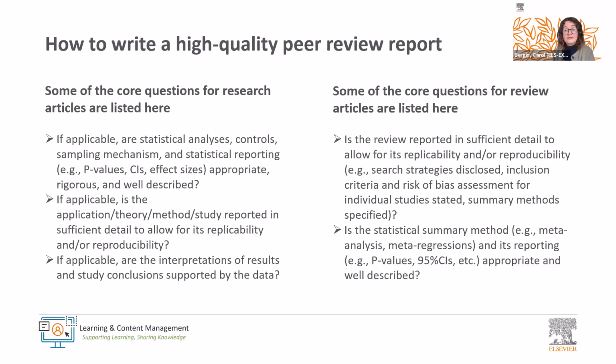For more information on this and on how to conduct a review, we'd recommend that you visit the elsevier.com page for reviewers, where you'll find a lot of useful information like this. And Julian will share a link to this in the chat in just a moment. But as I said, these slides here just go through the various tips for research articles and for review articles as well.